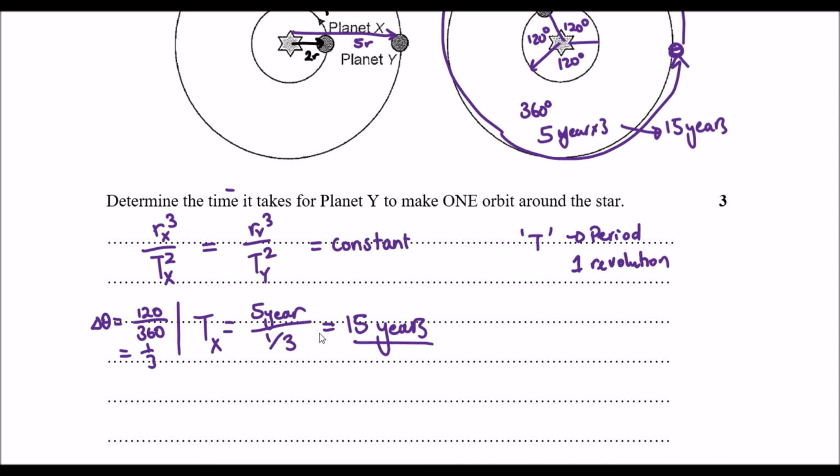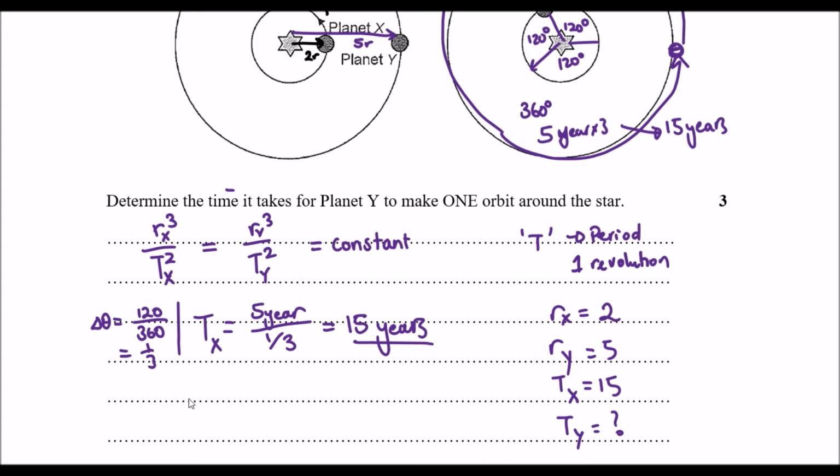Okay, let's put our numbers in. I know that the radius for X, or the distance from the star, is 2, for Y is 5, and the time of rotation for X is 15. What we don't know is Ty.